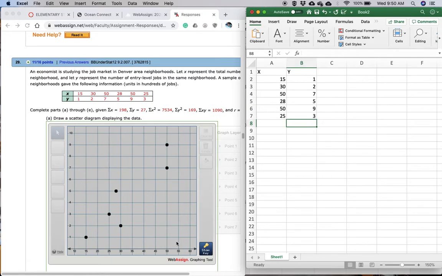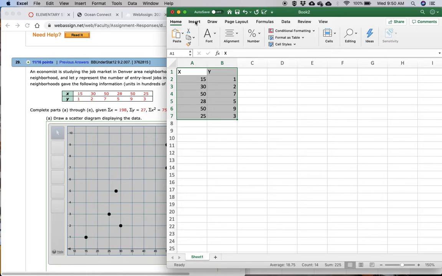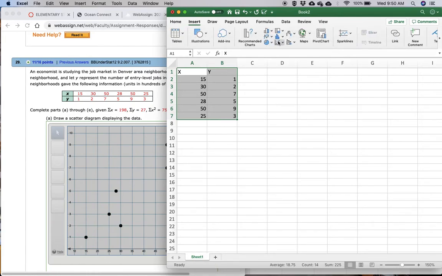So our scatter diagram should look something like we plotted earlier. What we're going to do is highlight both columns with all the cells that have data entries in them. Let me expand this real quick, and go to Insert. Right up here, we have our choice of graphs.